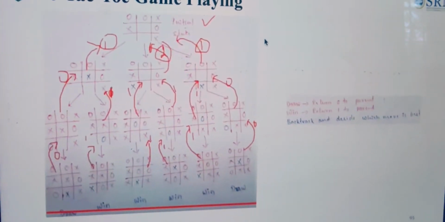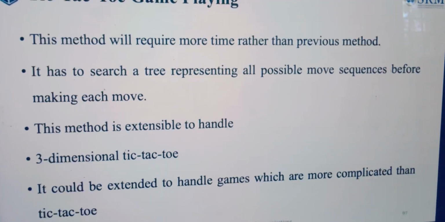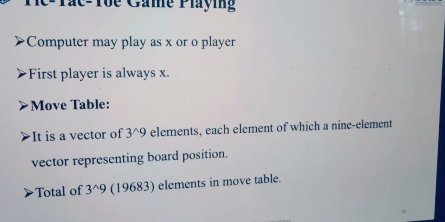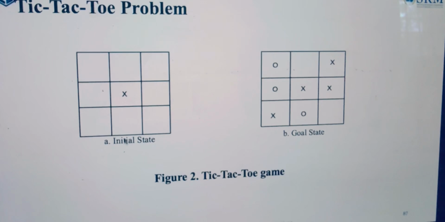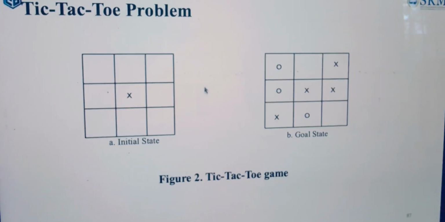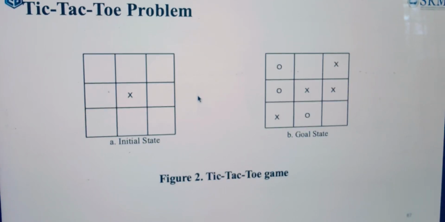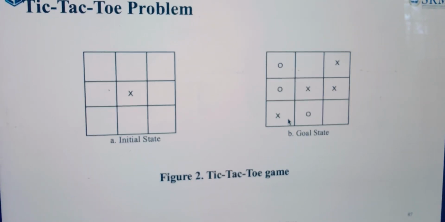For example, here also there is a goal state. If you have seen, in this problem they have given an initial state. They are asking you to play this game or represent all its states until you reach this goal state.